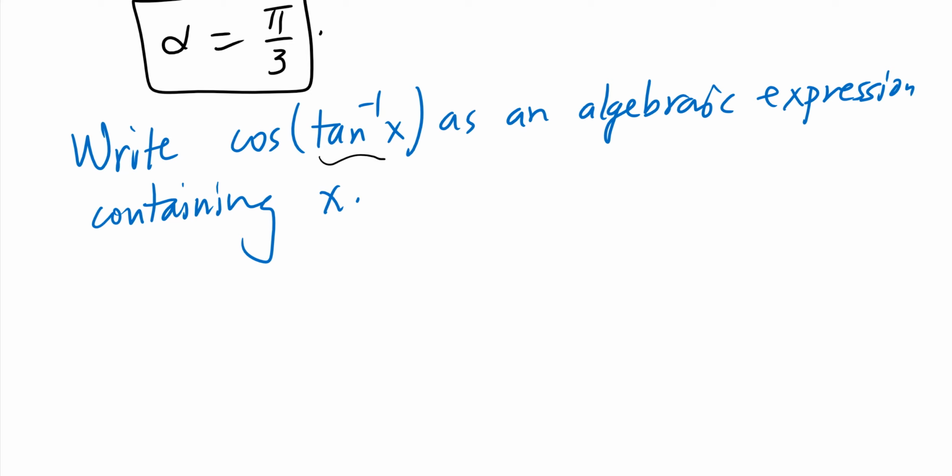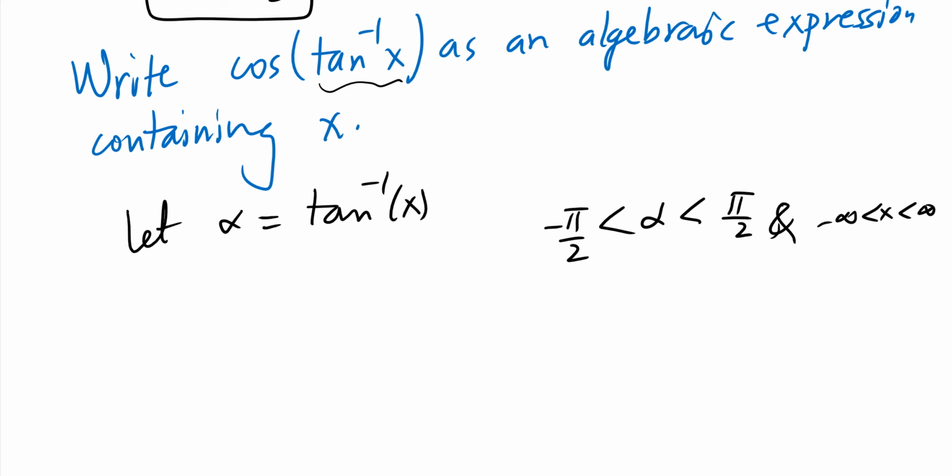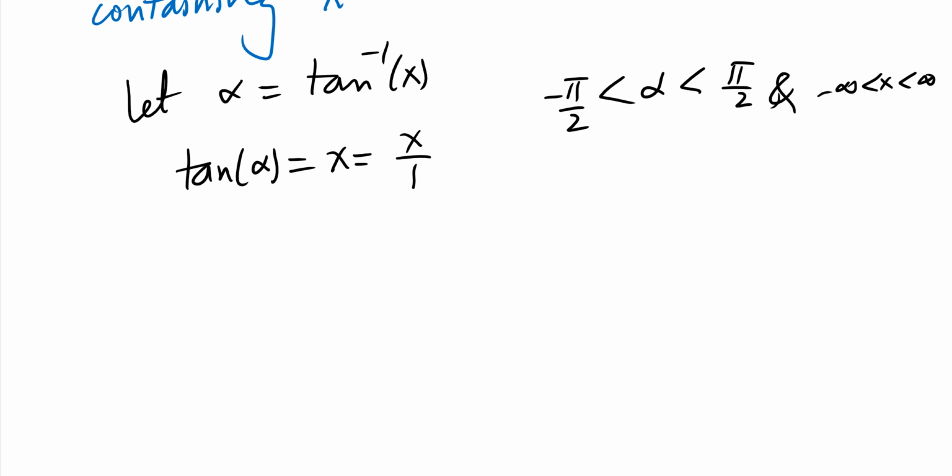We start with the inside. We let alpha, as we did earlier, equal tangent inverse of x. But what do you know about alpha for tan inverse? It's from negative pi over 2 to pi over 2. So from here, this means tangent alpha is x. And when I say x, I mean x over 1.